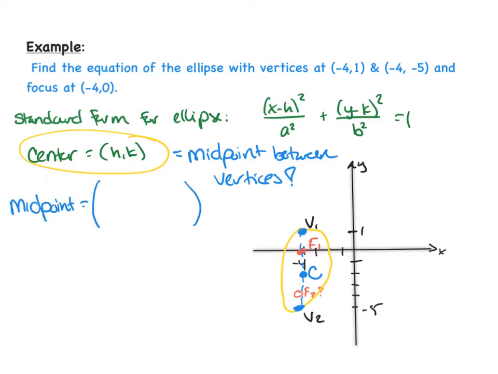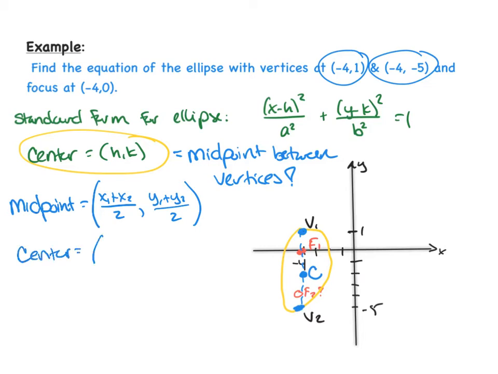So remember, the midpoint between 2 points is kind of like the average: x1 plus x2 divided by 2, and y1 plus y2 divided by 2. So for us, if we're finding the midpoint between our two vertices, and that's going to be the center, that'll be -4 plus -4 over 2, and the y values are 1 plus -5 over 2.